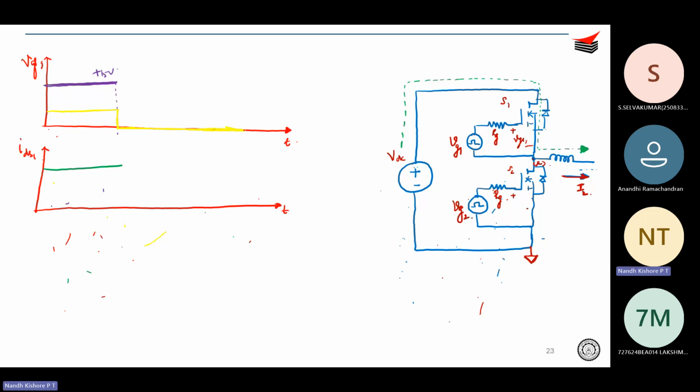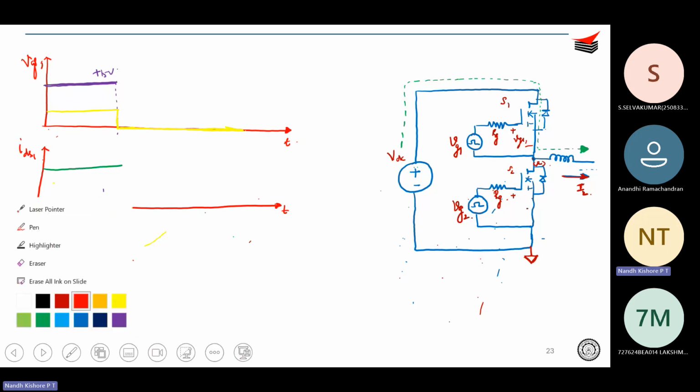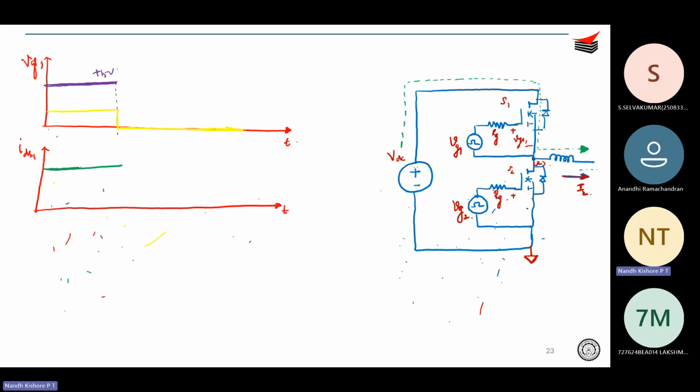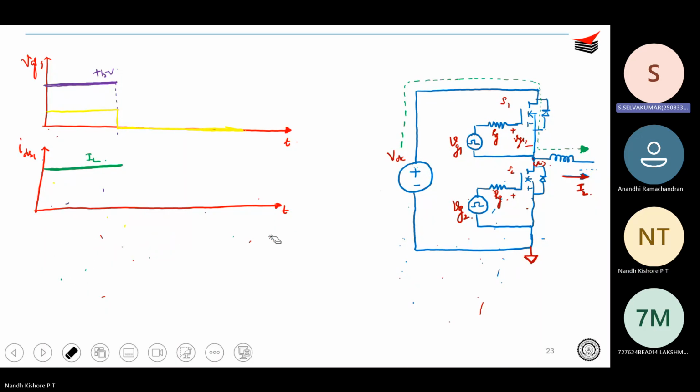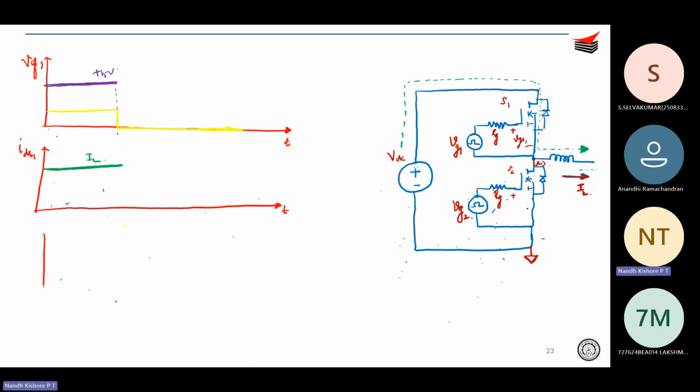This is IDS1, the top device current. What would my VDS be till this point?